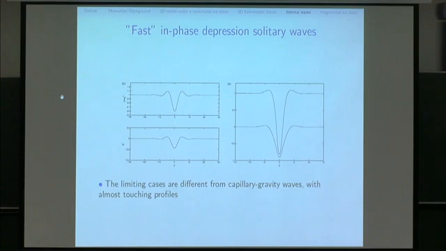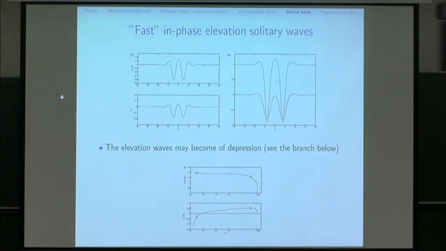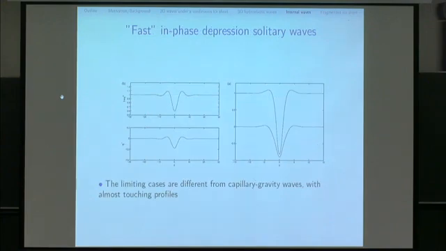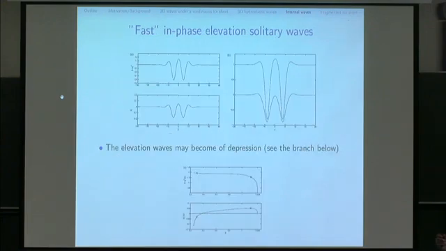You can see this is the elastic plate deformation, this is the interface deformation, and you can push them quite hard so they are almost touching each other. You can see both types, the so-called depression ones, or elevation. So we see elevation on both the elastic plate and the interface.